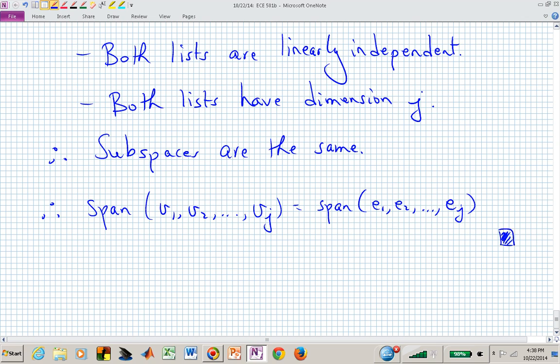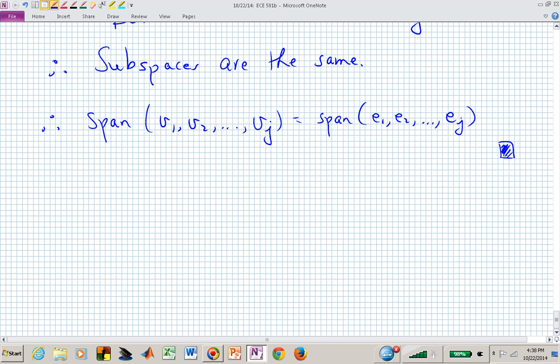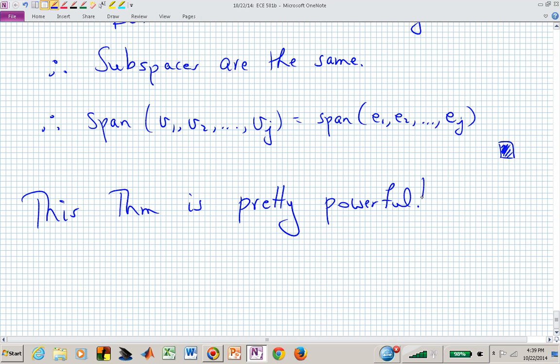So all we have to do is start throwing together linearly independent vectors. We can then use our inner product to make those now an orthonormal list of vectors in our particular vector space. And this is actually a very powerful result.